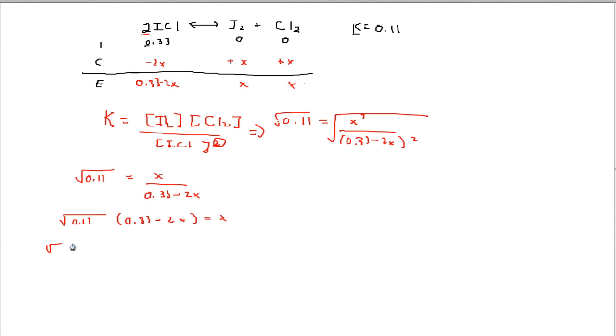That will give us the root of 0.11 times 0.33, subtracted by the root of 0.11 multiplied by 2x, is equal to x.